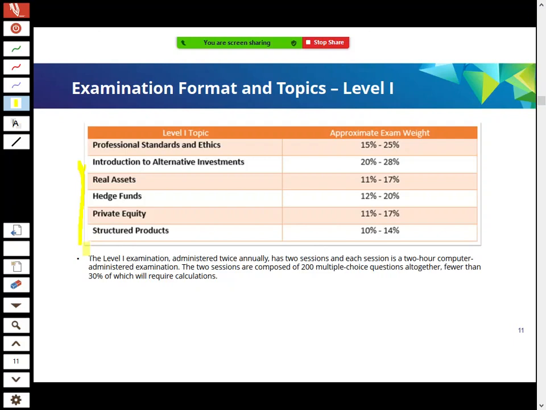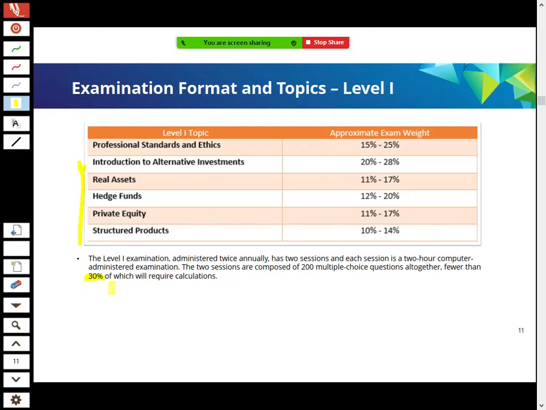In fact, it only accounts for about 30% of the questions in the examinations. So I think more importantly, you need to understand what they are. Some concepts could be quite technical, but understanding the concept is very important. And then the next part is the calculation, how to apply the concept. That part accounts for about 30% of the examinations.